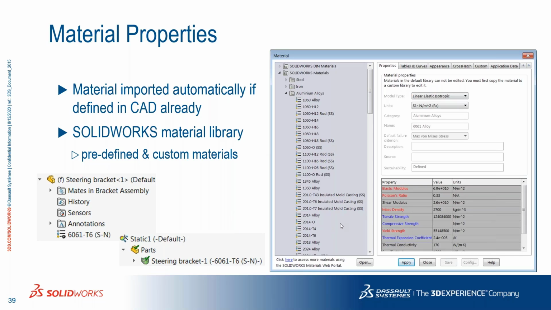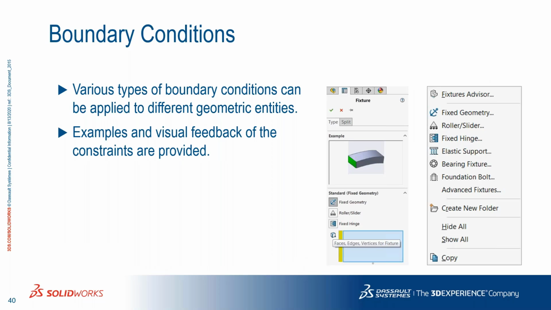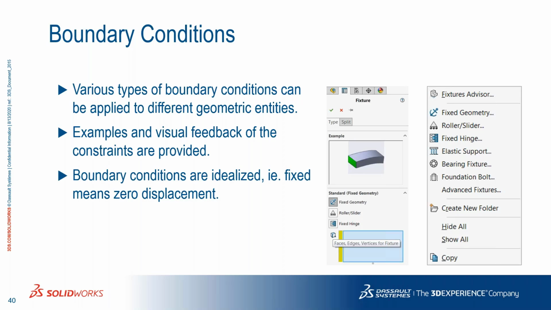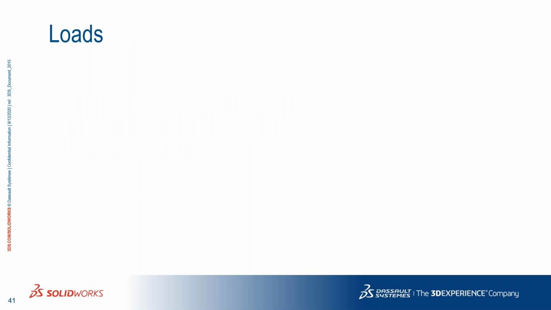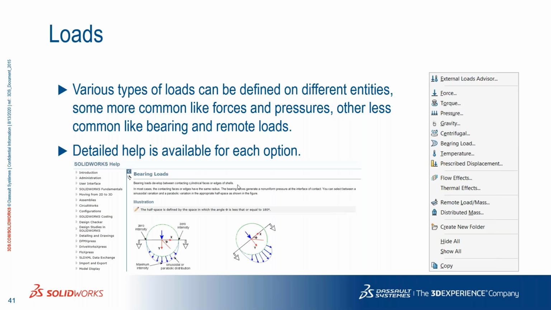So we can also create custom properties and apply them to the required parts or assemblies. You have seen the different types of boundary conditions we have applied here, and they will help you get the similar test conditions that you applied for the main parts also.